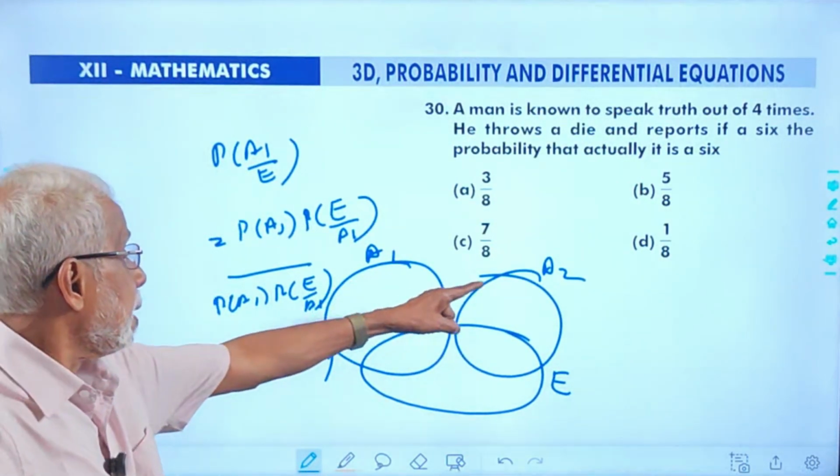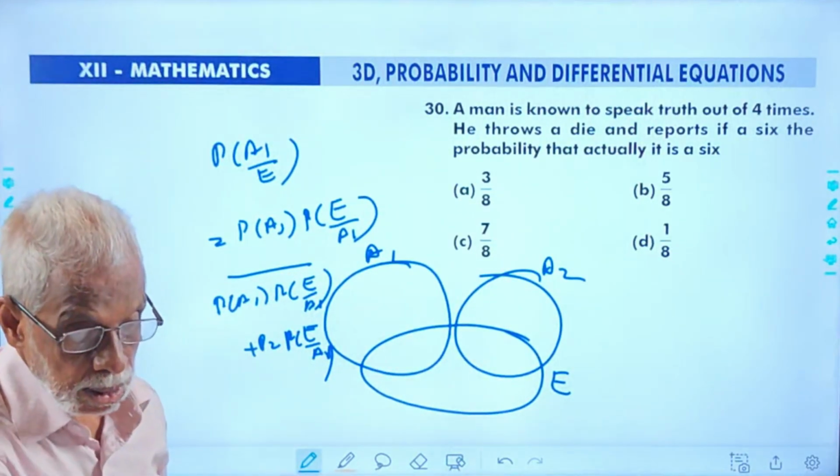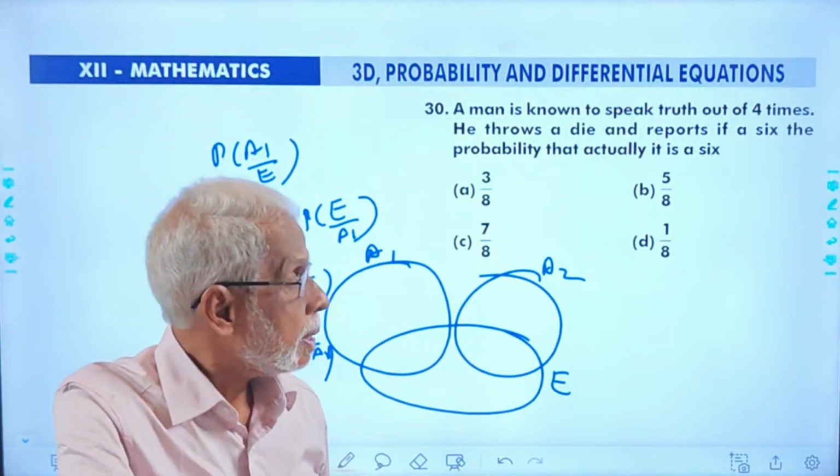Bayes theorem. A1 and A2 are two events. E is the common event.